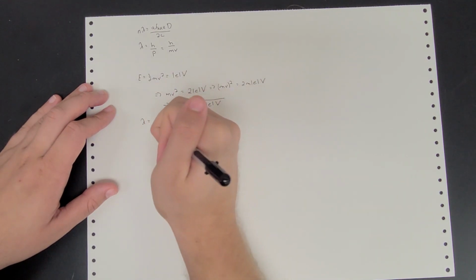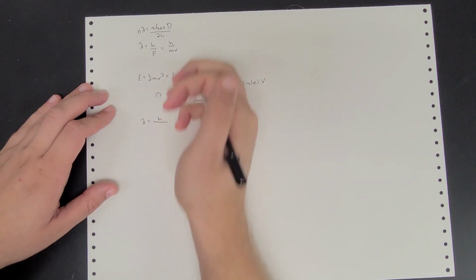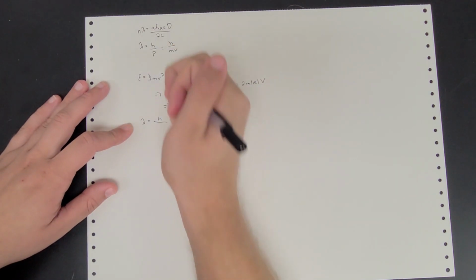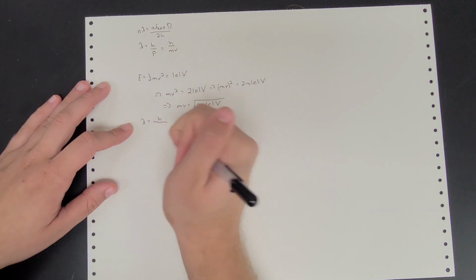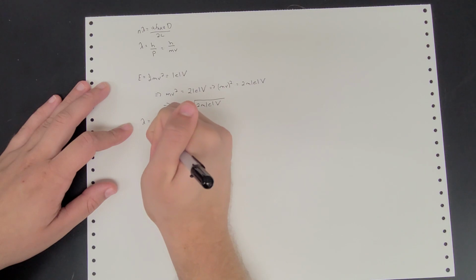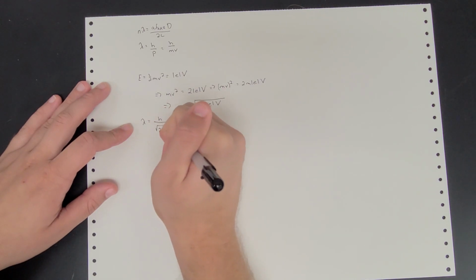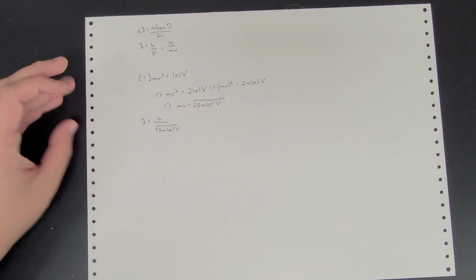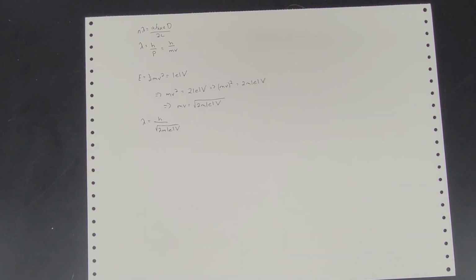And each equation has quantities that we can actually measure. So our lambda now, instead of h over mv, we have h over the square root of 2meV. Okay, so that is our expression for the wavelength.